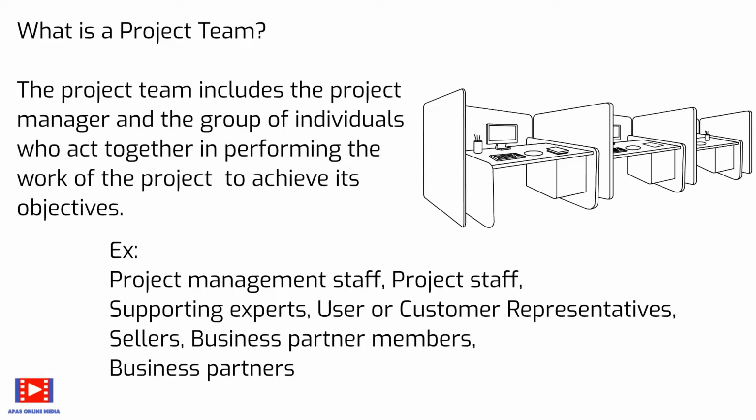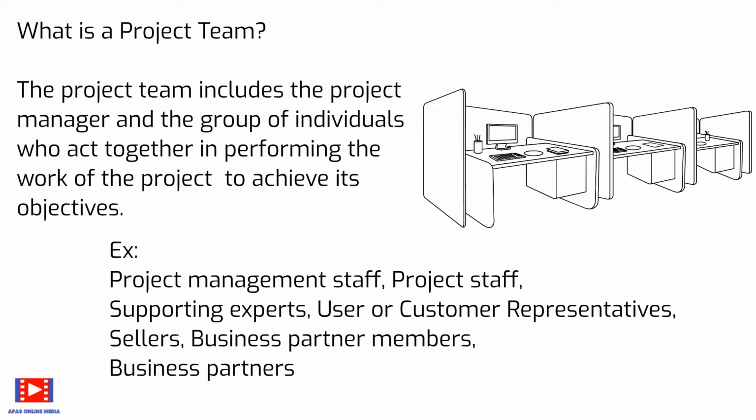It could be business partner members who are assigned as members of the project team to ensure proper coordination. And lastly, business partners who are also external companies, but they have a special relationship with the enterprise.